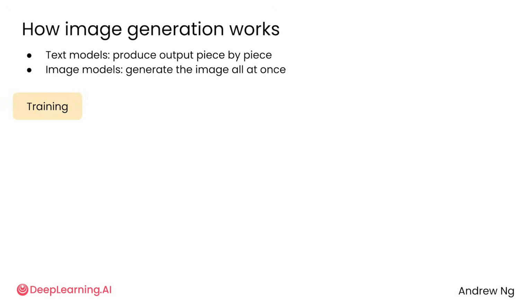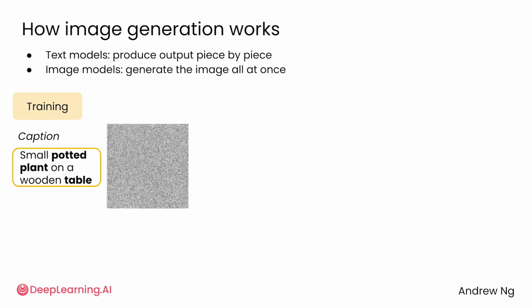Specifically, during training, that is, when an AI model is looking at pictures, maybe found online, in order to learn what images look like, it will typically look at captions or descriptions of images, like a small potted plant on a wooden table, and they'll learn to start from an image that looks like pure noise. This is just a grid of random pixel values.